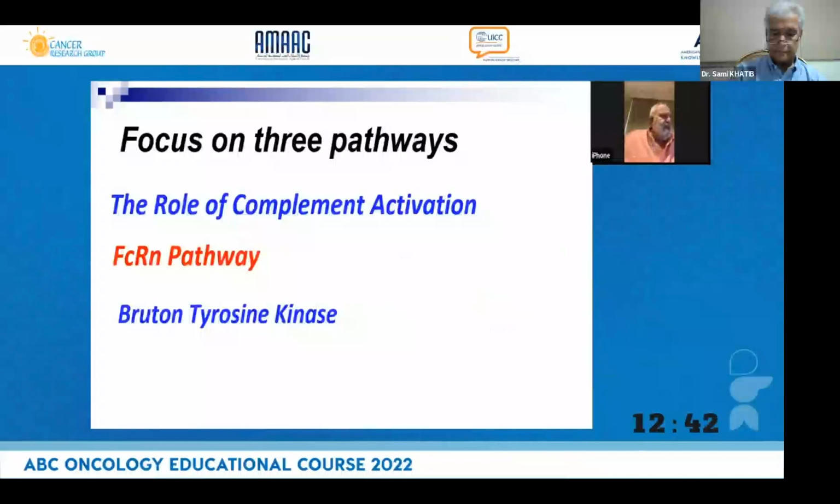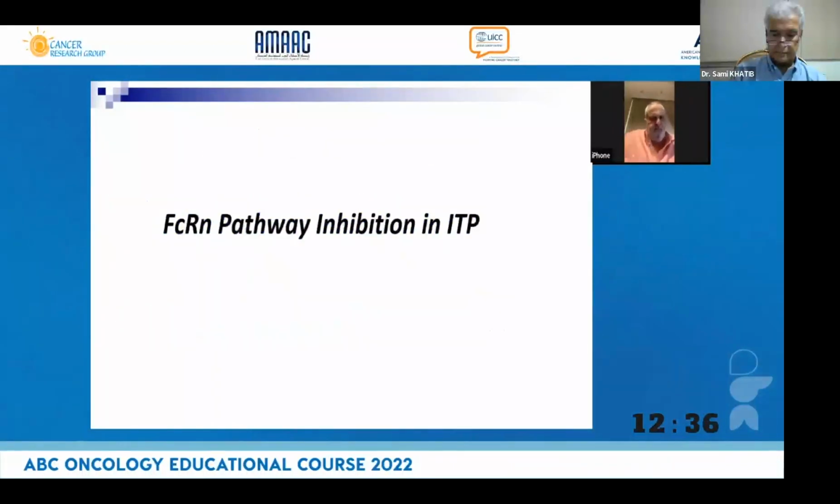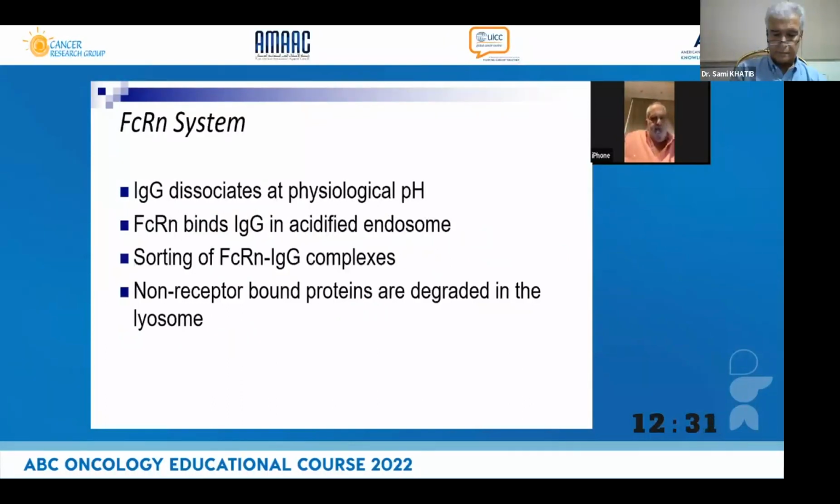Now, the second pathway that I'm going to discuss is the FcRn pathway. Next slide, please. Next slide. What is the FcRn system? The FcRn system is a protective system against immunoglobulin degradation.